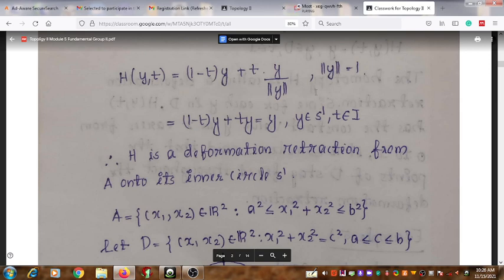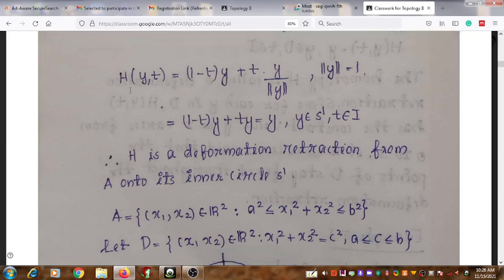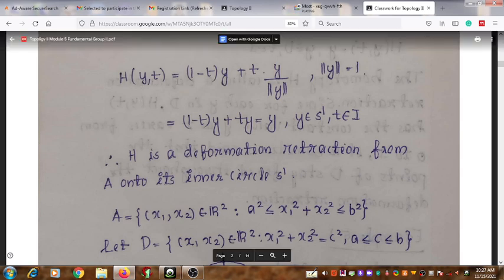So if y belongs to S1, we want to verify that it is mapped to y, for all y belonging to S1.